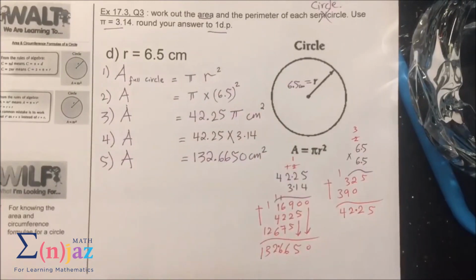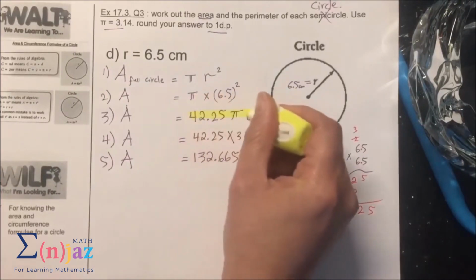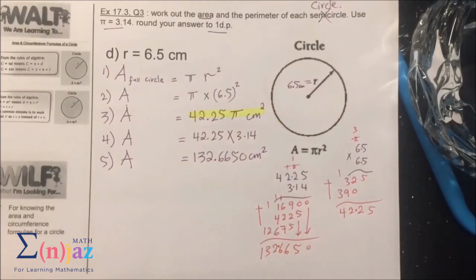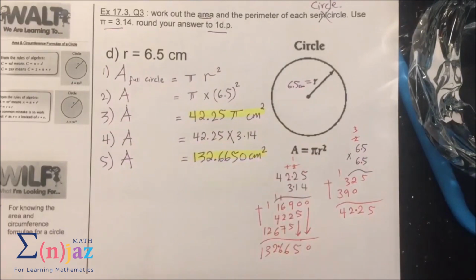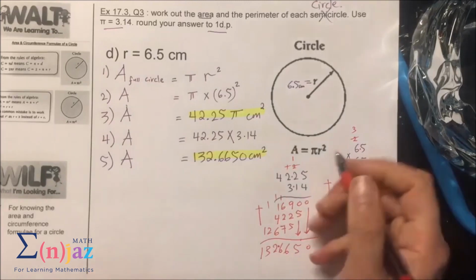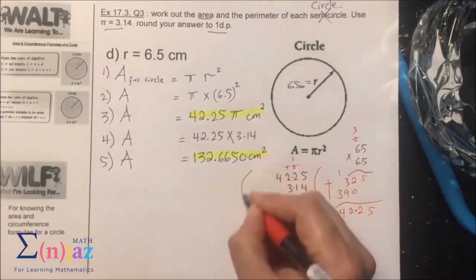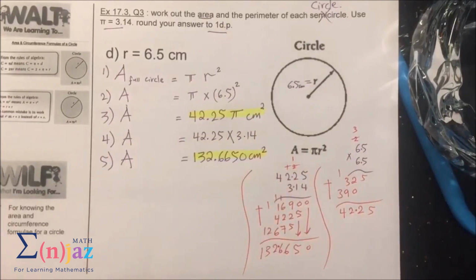So this is the area of the circle in terms of pi, and this is the area of the circle when we substitute pi as 3.14. I hope this is clear, and thank you so much for watching.